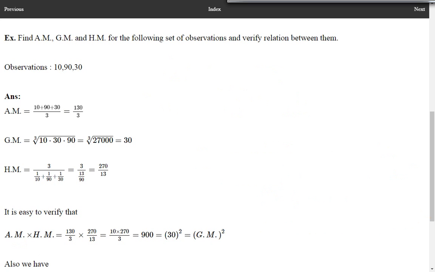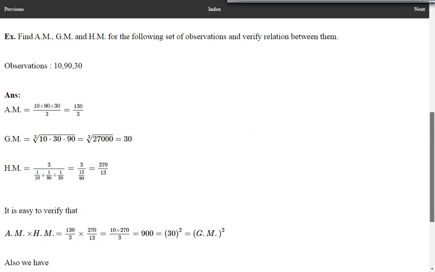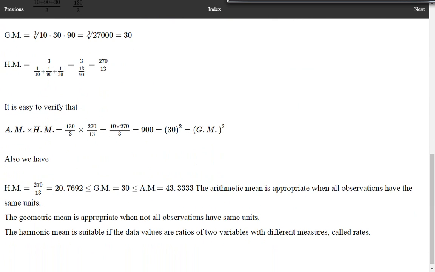Finally, let us verify the relation between arithmetic mean, harmonic mean, and geometric mean in terms of their actual values. You can verify that harmonic mean is less than or equal to geometric mean, and geometric mean is less than or equal to arithmetic mean.